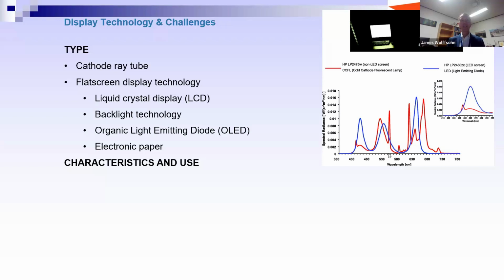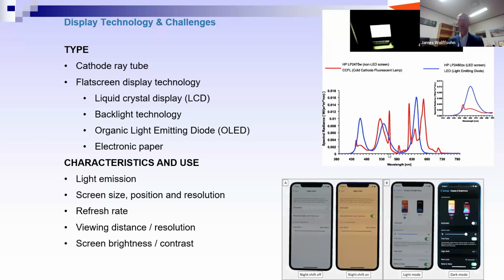And there is good evidence to suggest that symptoms are lower with electronic paper than they are with other forms of digital display. And it's not just the technology itself, it's also characteristics of that technology and its use. So the light that it emits, the screen size, position and resolution, refresh rate, viewing distance, brightness and contrast all contribute to the impact of that visual environment.